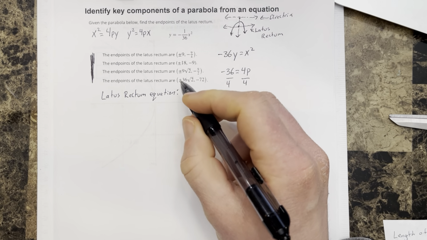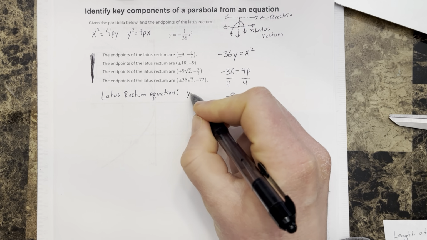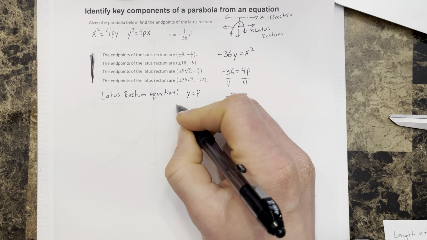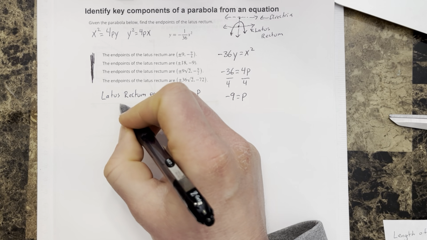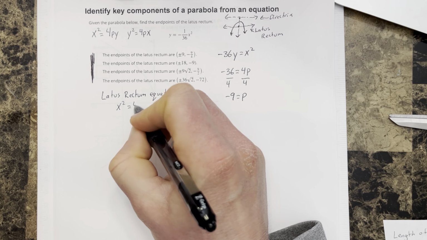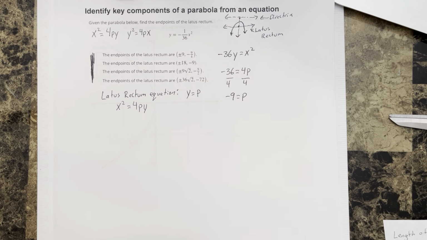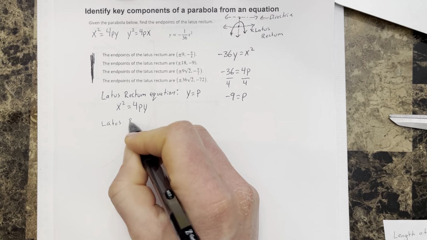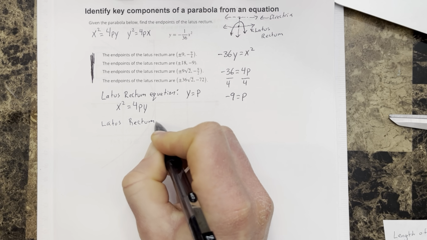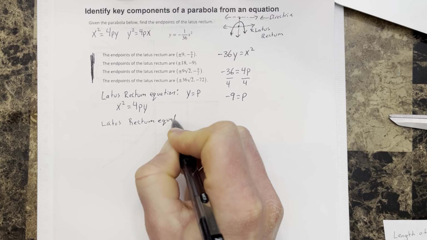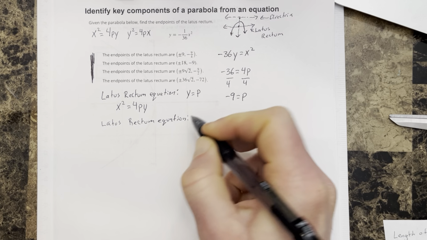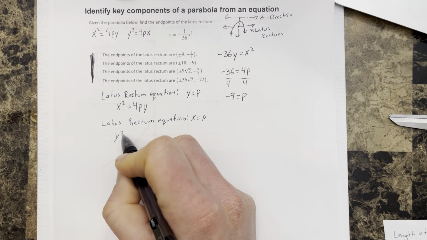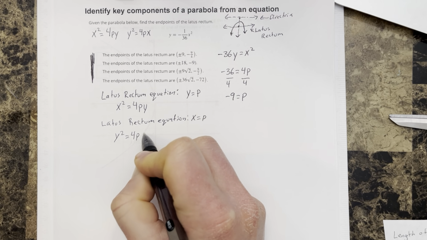It's either going to be y equals p, if our standard equation is x squared equals 4py that we're using, or the latus rectum equation would be x equals p if our equation is y squared equals 4px.